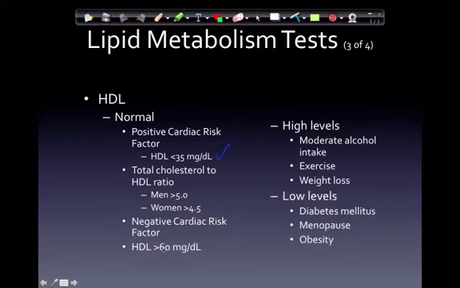Negative cardiac risk factor would be an HDL greater than 60 milligrams per deciliter. This is the good cholesterol, by the way. High levels, moderate alcohol intake, exercise, or weight loss. So if you have high levels, that's what will probably be the cause of it. Low levels, diabetes mellitus, menopause, or obesity.